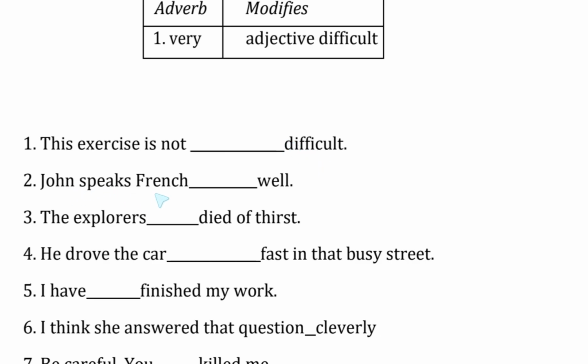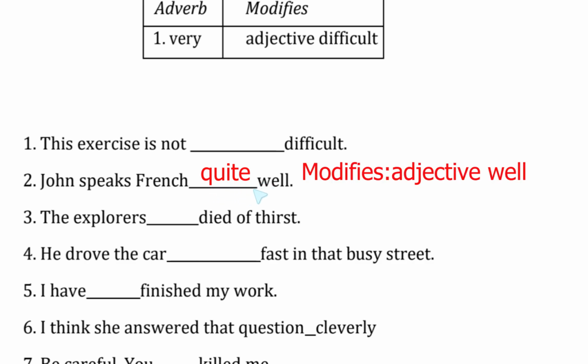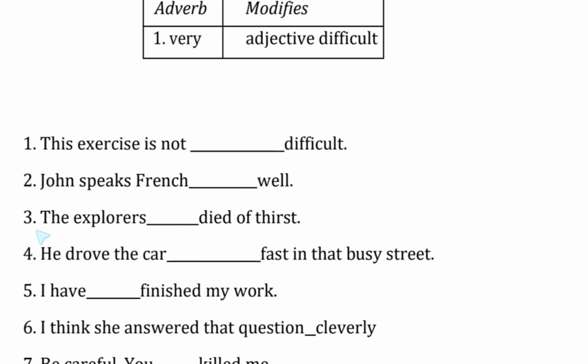John speaks French quite well. And here, the word quite is modifying the word well, which is an adverb. Three, the explorers almost died of thirst. Here we are using almost and it is modifying the word died.